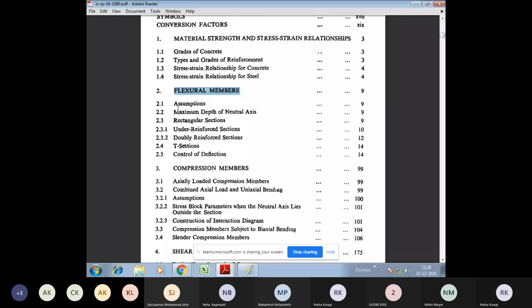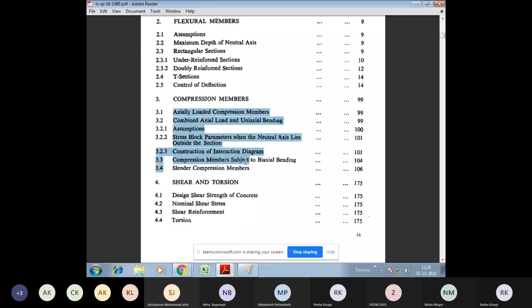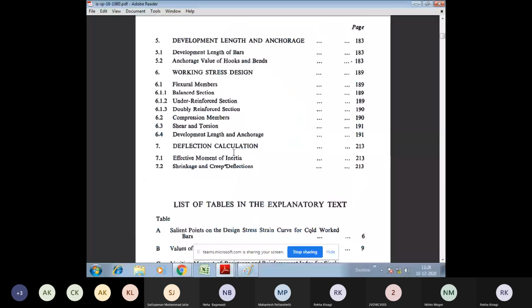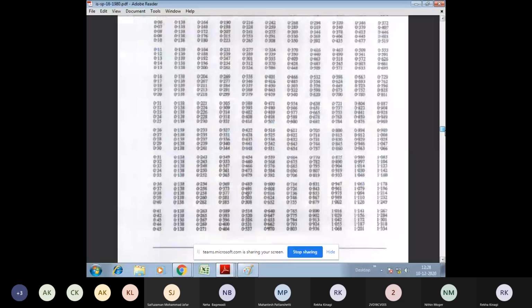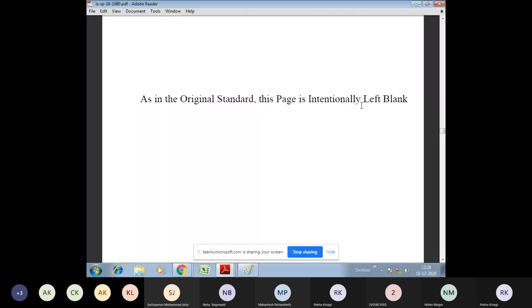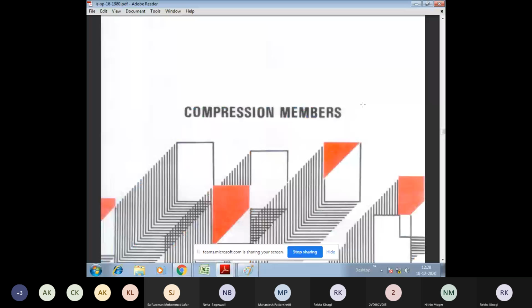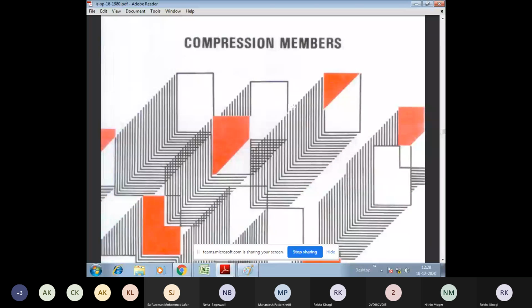And compression members are nothing but the columns. These clauses we are going to use for our design of columns. And page number 99. These charts are very important. For the compression members, you are going to refer only to this portion of SP16, because for your syllabus only design of columns is to be done using SP16, not any other structural member.